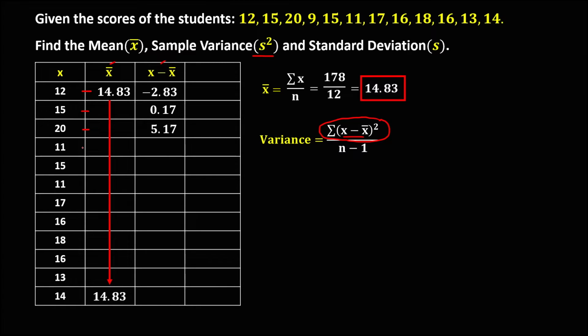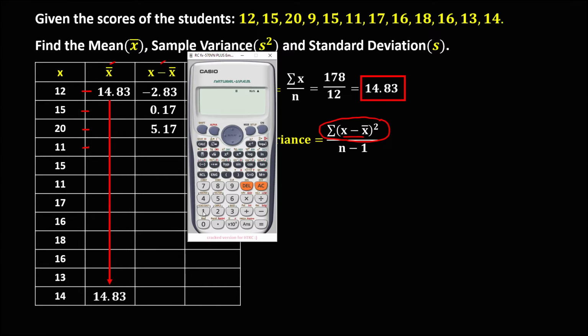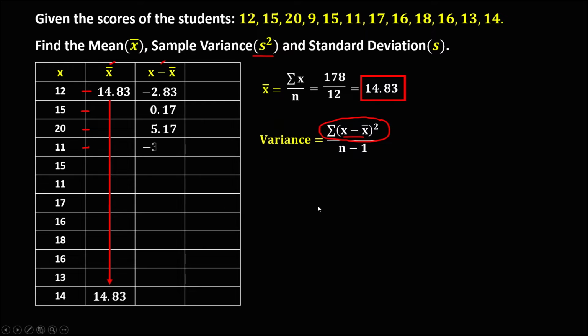Then 11 minus 14.83 equals negative 3.83. Then 15 minus 14.83 is 0.17. And 11 minus 14.83 is negative 3.83.